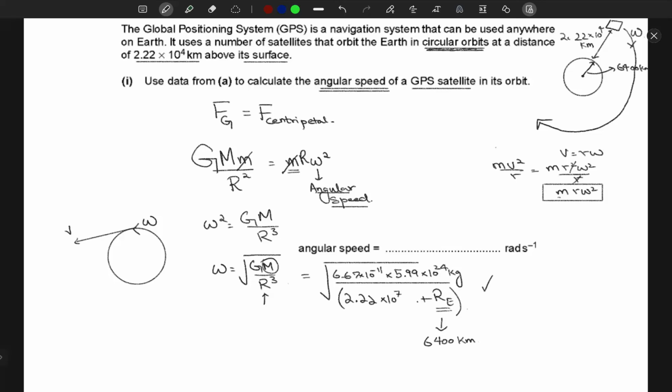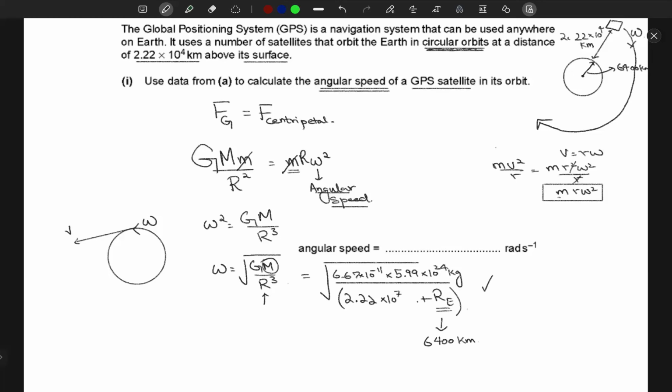Sir, it's just an approximate value, the radius of the Earth, so is it important to memorize the value? Oh, no, it's not really.